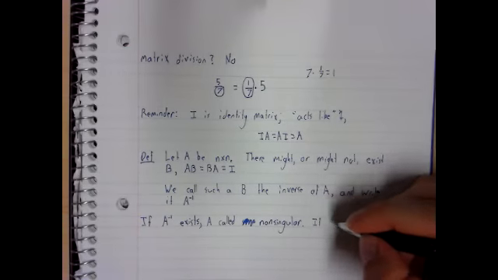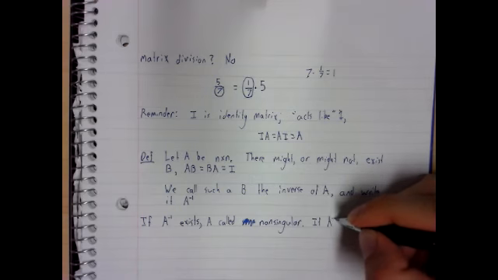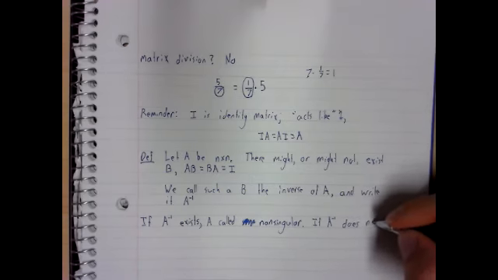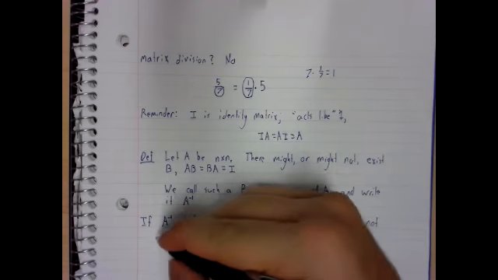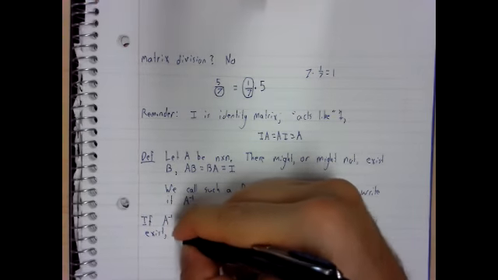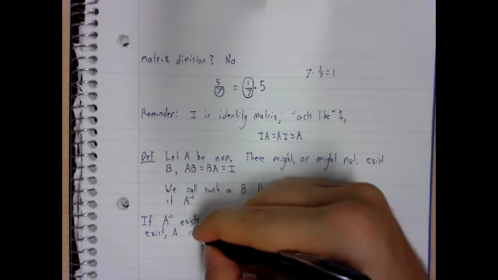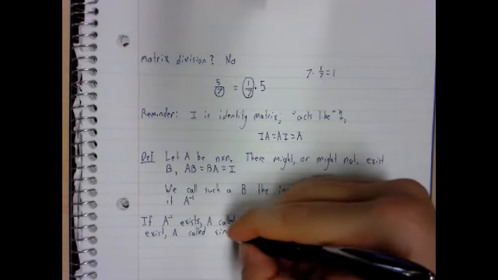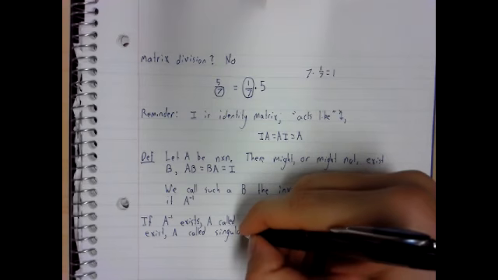If this matrix does not exist, A is called singular.